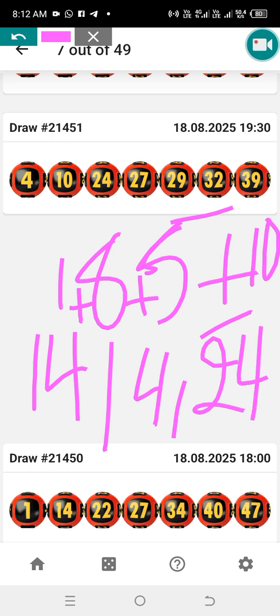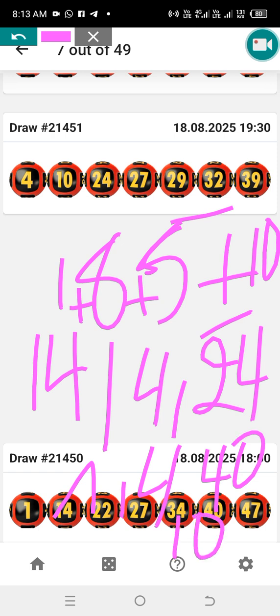So we have a 14, 4 and 24. All right. Then our 14 also you can say is 1 and 4 or 40 or 10. You can spin your numbers. That's where these first numbers came from.